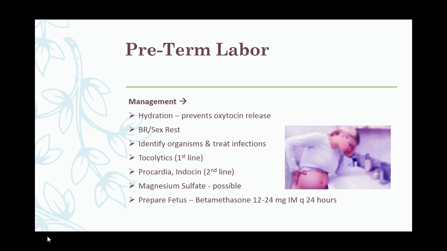Different types of sexually transmitted diseases and infections can also irritate the uterus to contract. So if we can treat those infections, then likely we can prevent the preterm labor from occurring or manifesting into a preterm delivery.